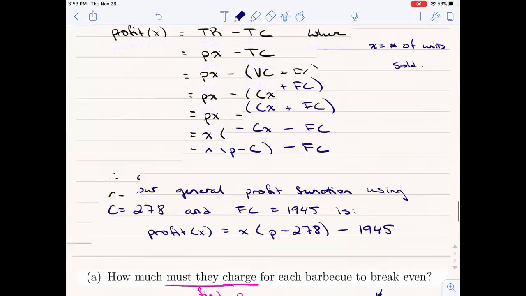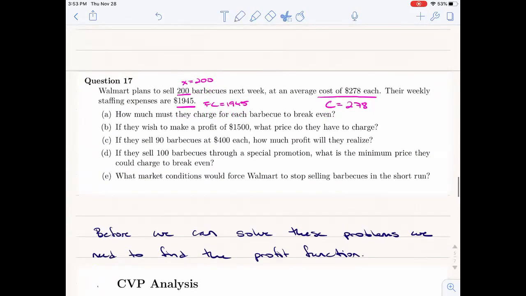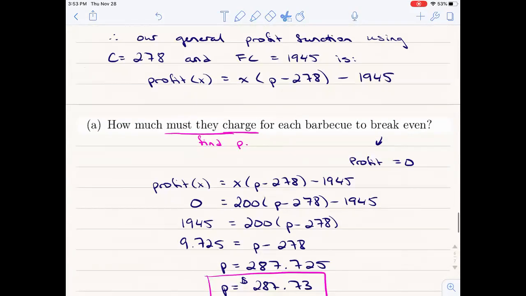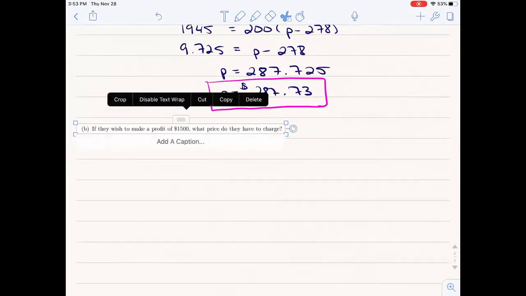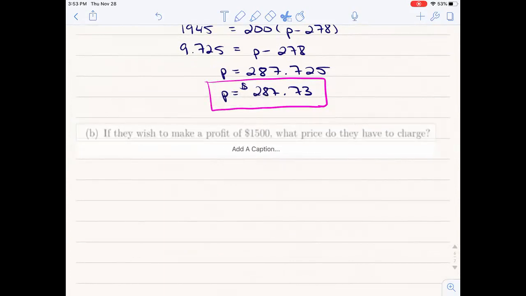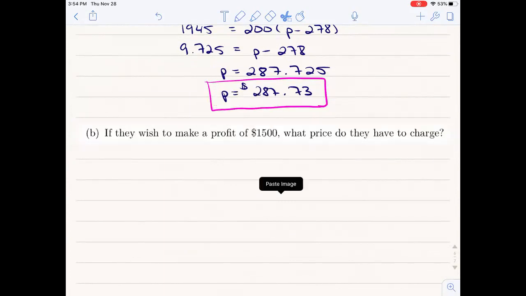How about part B? So what if they want to make some profit? I don't know if Walmart would be okay with 1,500 in profit, presumably per week, because it was the weekly staffing expenses.